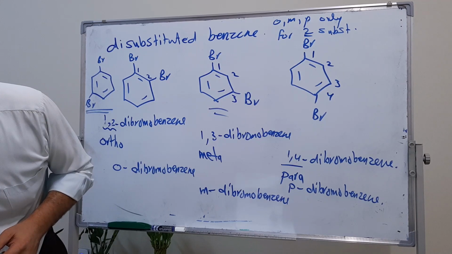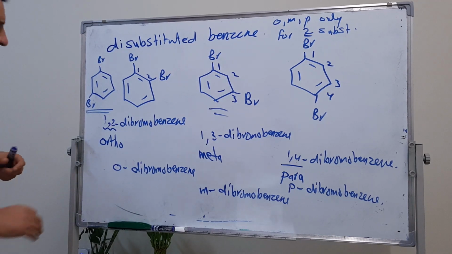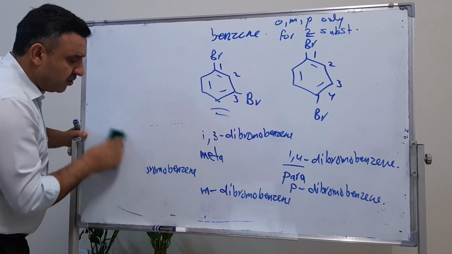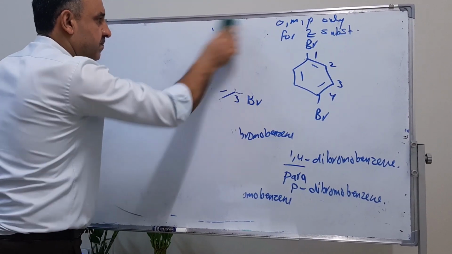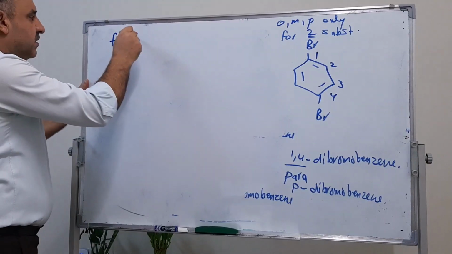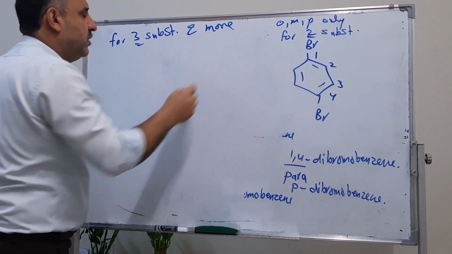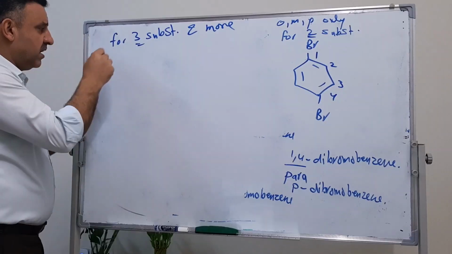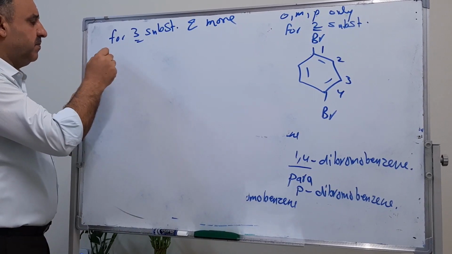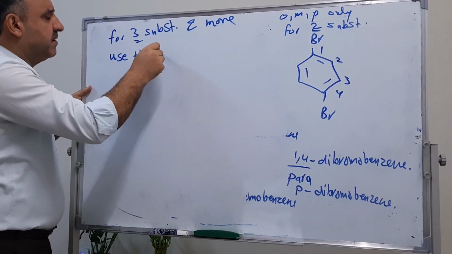Now, before talking about this, I'm just going to continue first for 3 substituents, and then I'm going back to the use of phenyl. Now, for 3 substituents and more, we use the lowest set of numbers.